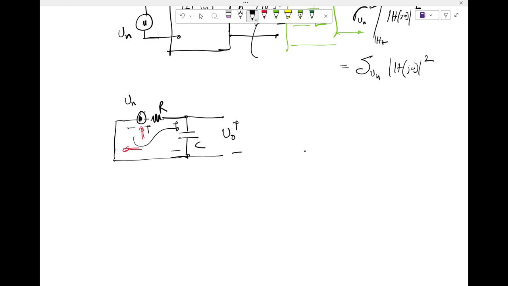So let me write out the steps. The first step is replace all noisy elements with their noise equivalent model.